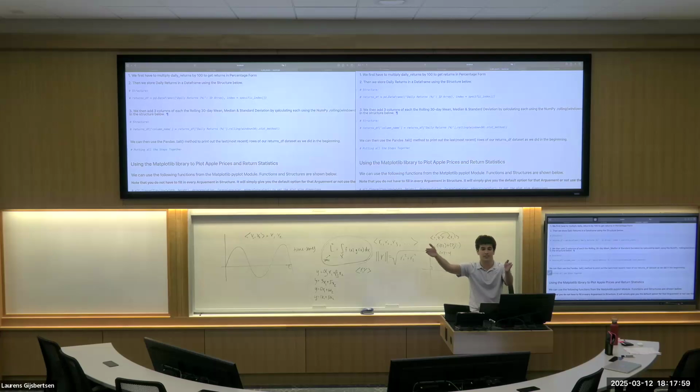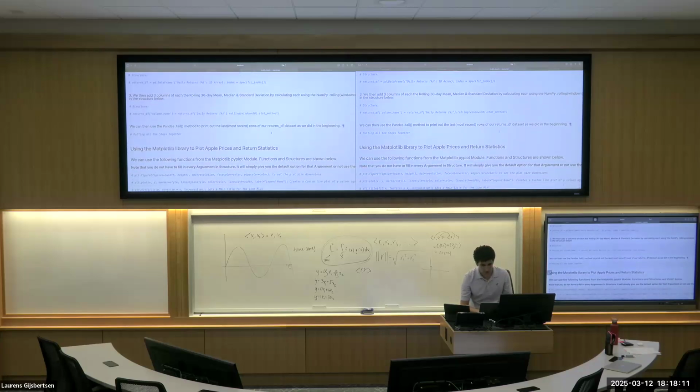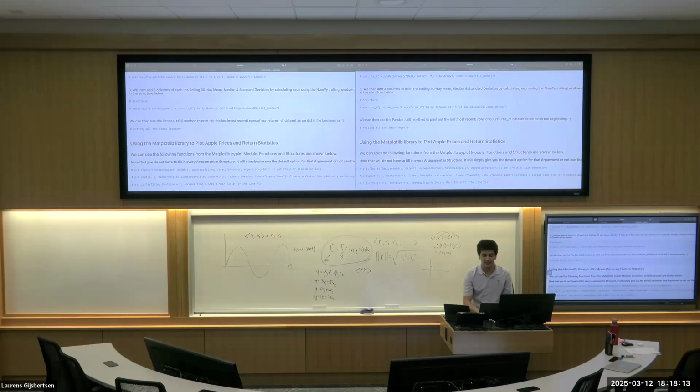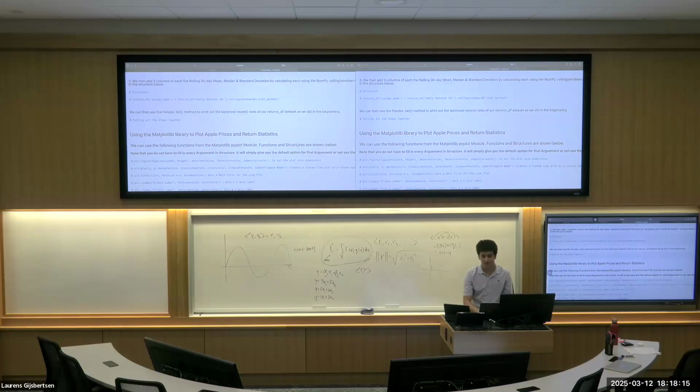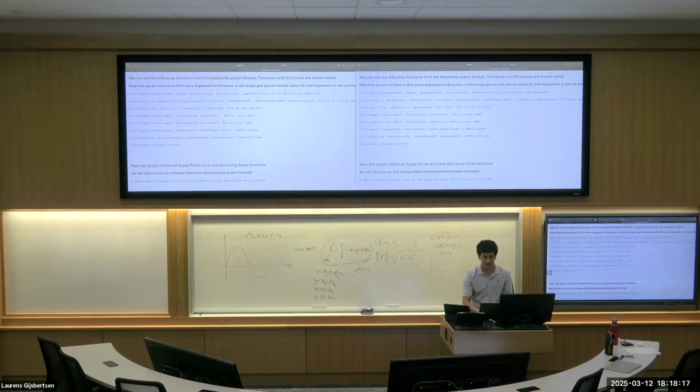So basically your monthly mean, right? Every day is added into the mean, every day is added into the standard deviation. Does that make sense? Yeah, can I just get some nods at least? But yeah, then we can use the tail method to return our data set and see how it looks.